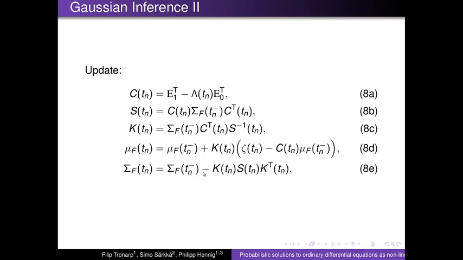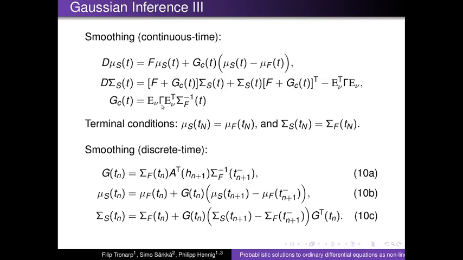And so this gives us the posterior conditioning on all the data up to the present time point, but if we want to condition on all the data, then we also have to run the smoother step backwards. And so the smoothing mean and covariance μs and Σs respectively follow these kind of differential equations, and they're supposed to be initialized at the terminal conditions at the filtering mean and filtering covariance respectively.